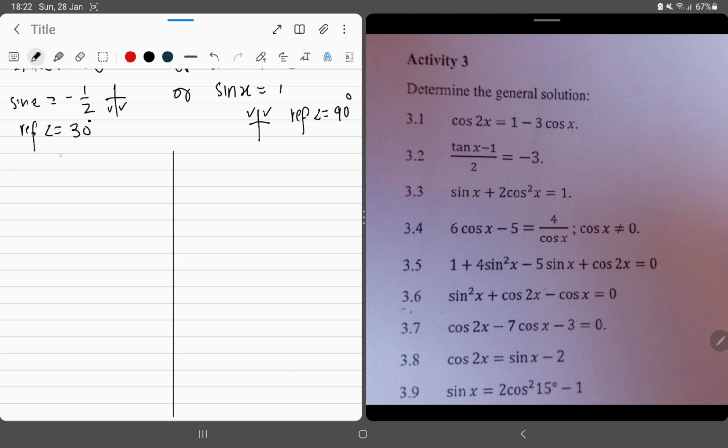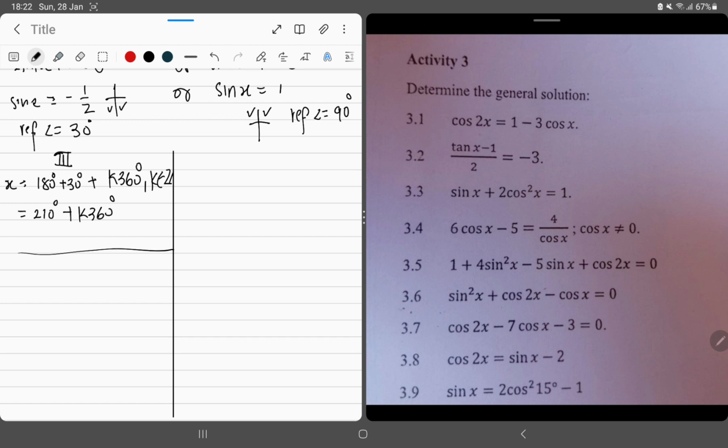For quadrant 3, we are going to say x is equal to 180 degrees plus 30 degrees plus k 360 degrees, where k is an element of integers. This is 210 degrees plus k 360.